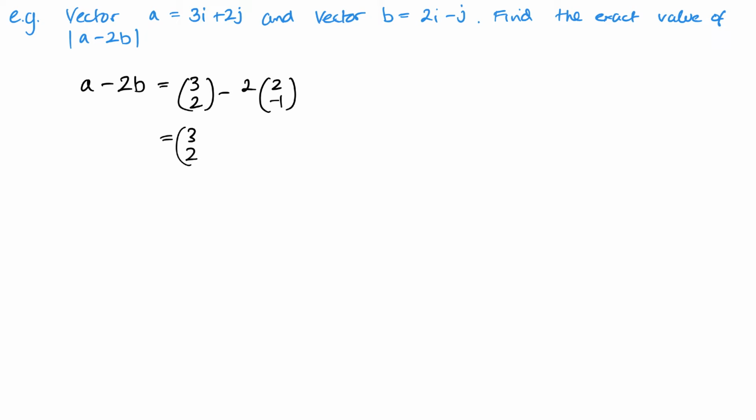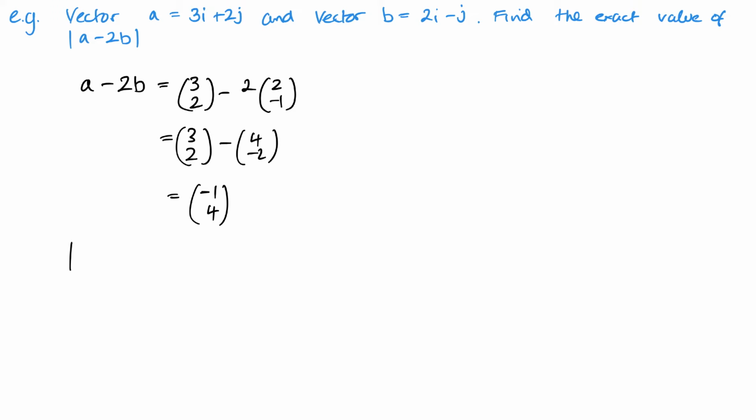So we get the vector (3, 2) minus (4, minus 2). So that's going to give me the vector of minus 1, and then 2 minus minus 2 is 4. So my vector A minus 2B is (minus 1, 4), or minus i plus 4j.